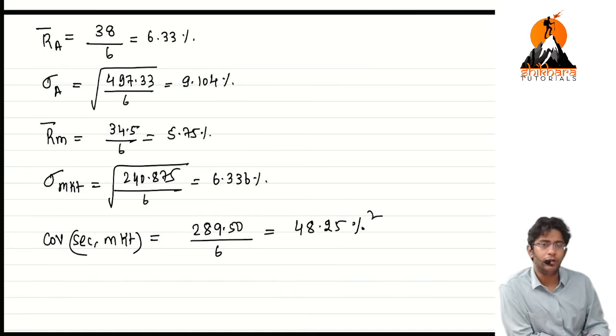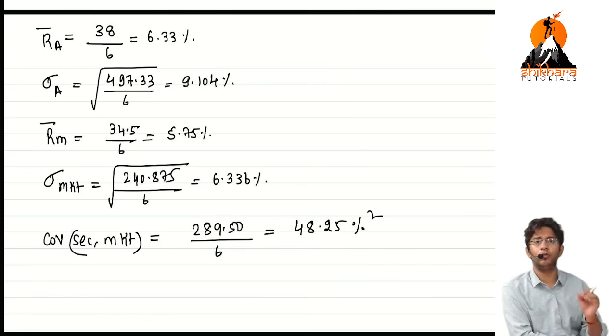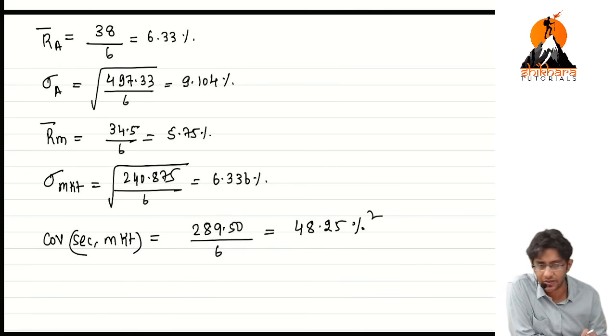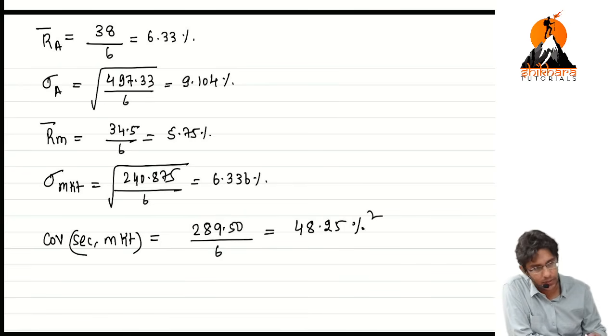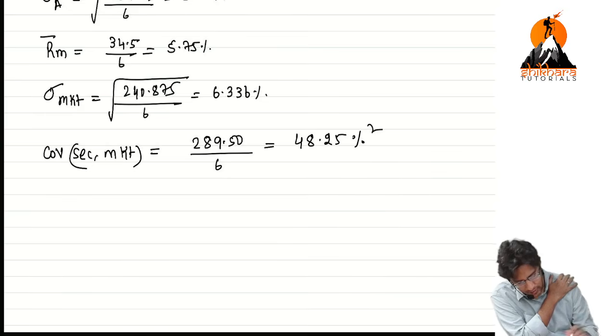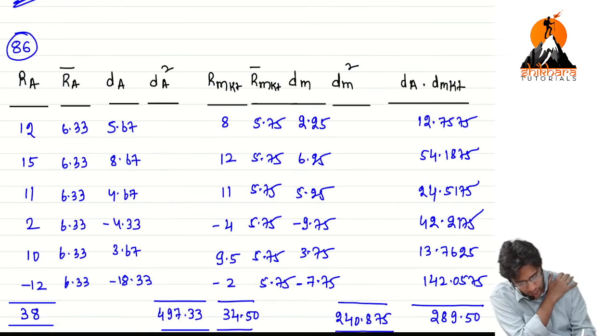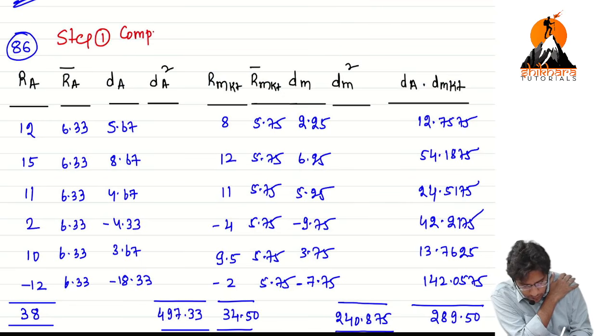Now you see, why did we work out all this? If you have to determine the characteristic market line, the first calculation you have to do is what? Beta. So next we will work out beta. Do one thing if possible, somewhere insert step number 1: compute beta.